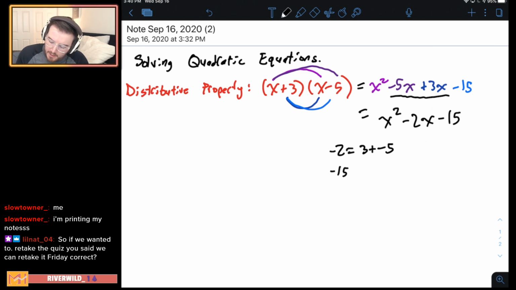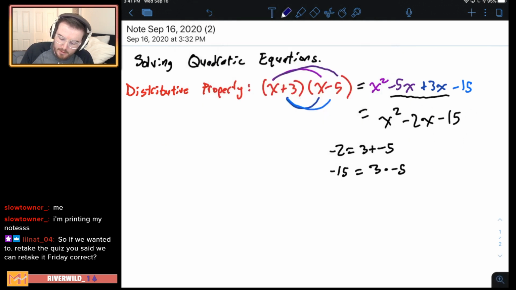And negative 15 is the product of 3 and negative 5. That's not a coincidence. That's how it pans out. So let's just keep that in the back of our brains.